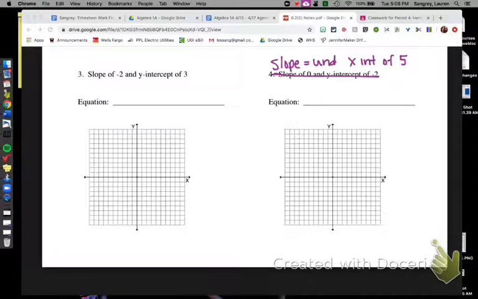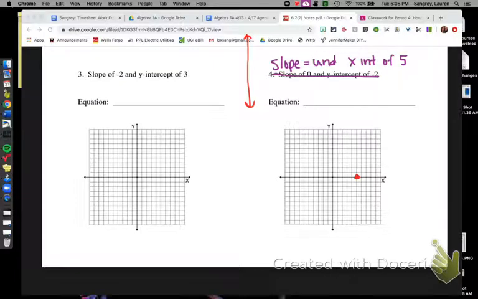So I wanted to give one more example. What if the problem says that the slope is undefined and the x-intercept is 5? Think about what an undefined slope looks like. It's up and down. The x-intercept is where it crosses the x-axis, so I have to find 5 on the x-axis.